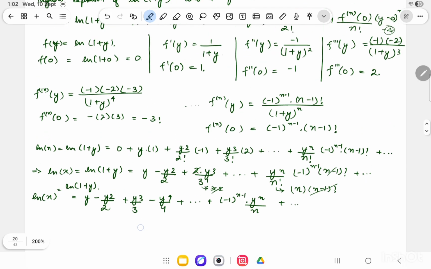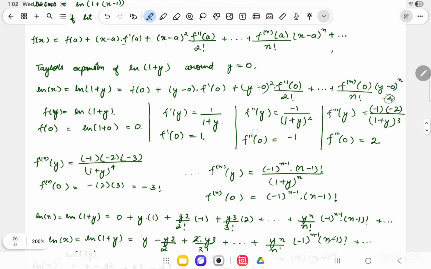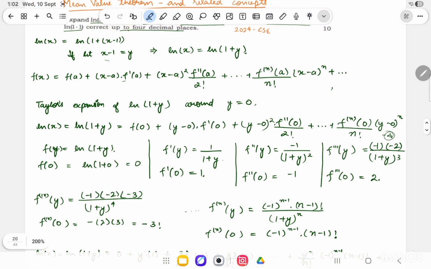But earlier we have assumed that y is basically equal to x minus 1.